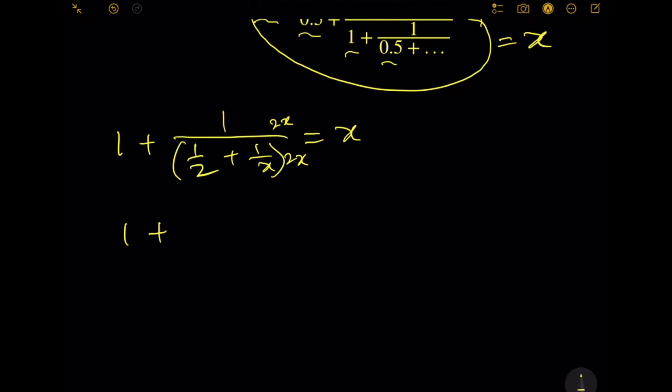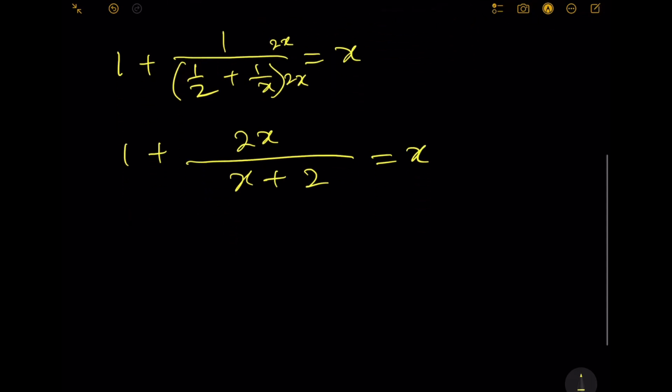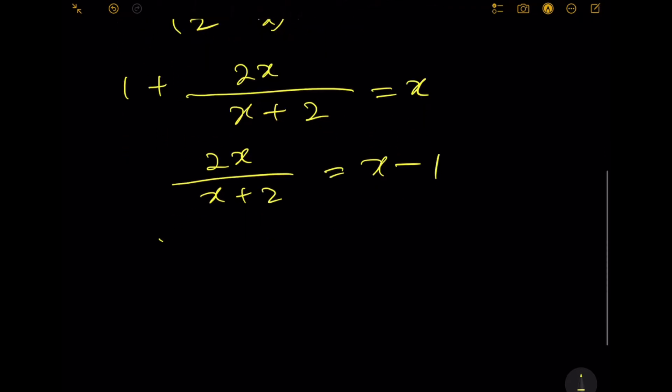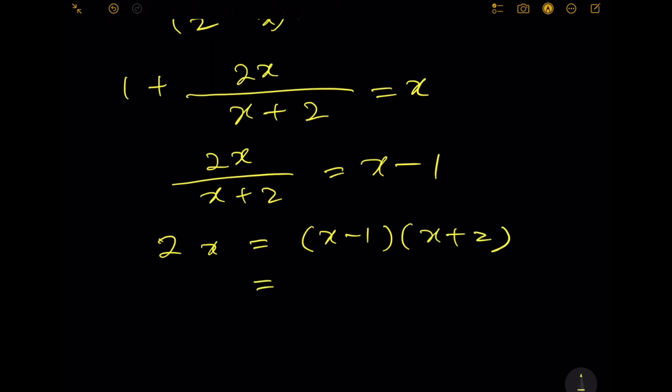That becomes 1 plus 2x over x plus 2 equals x. So 2x over x plus 2 equals x minus 1. 2x equals x minus 1 multiplied by x plus 2, which equals x power 2 plus 2x minus x minus 2. The 2x on both sides can be removed.